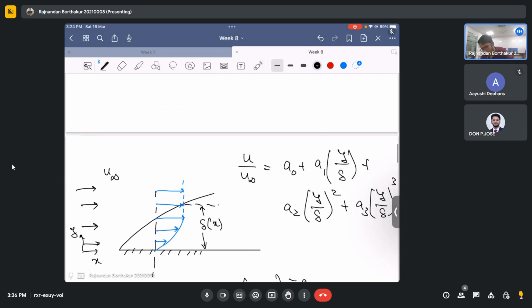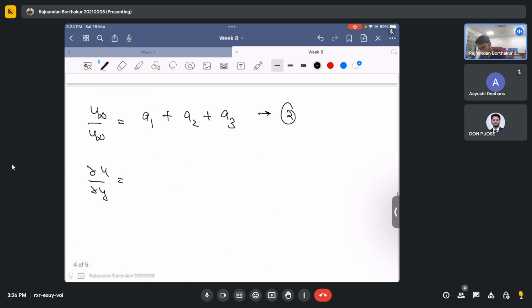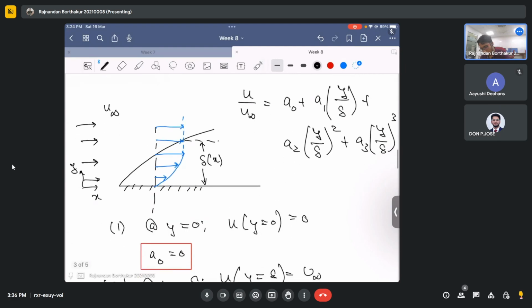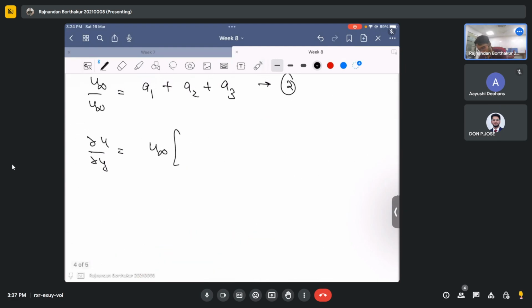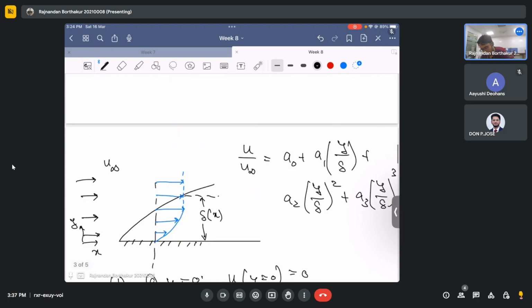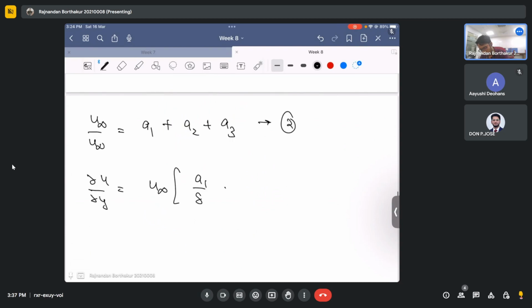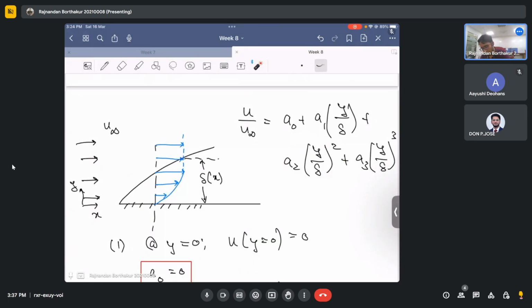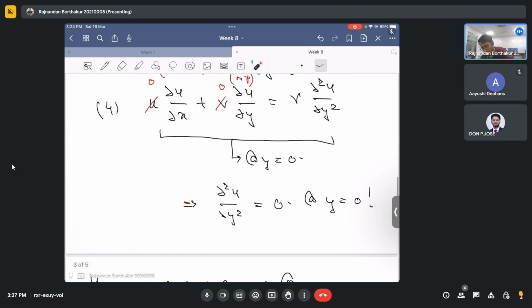This would be u infinity into, the first term would go out to be 0, and this would be a1 by delta, plus 2a2 by delta squared into y. This is the derivative of this term. And this term would be 3a3 by delta cube into y square.